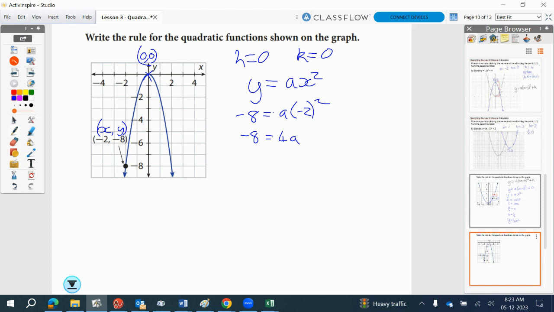Solve this very difficult equation. I'll come around, write it down.